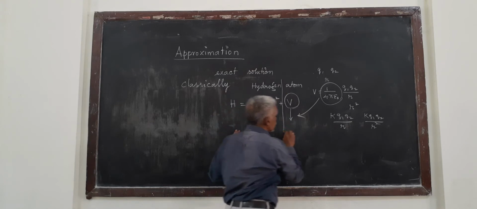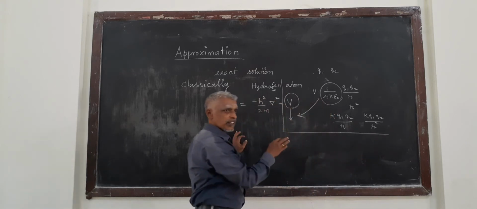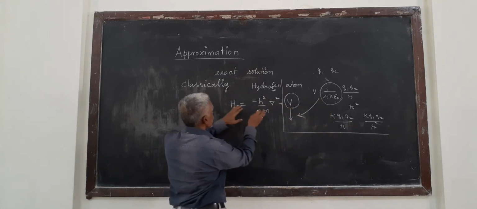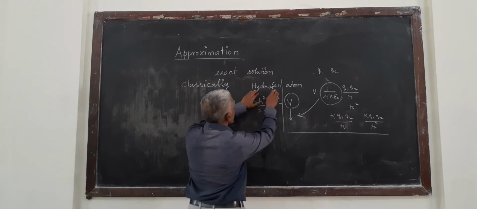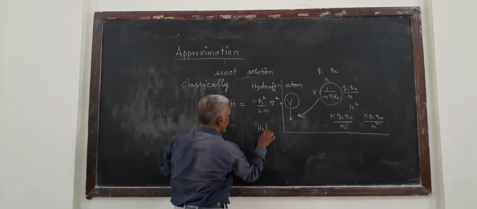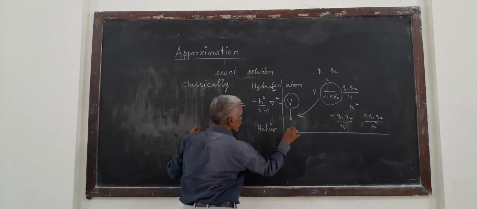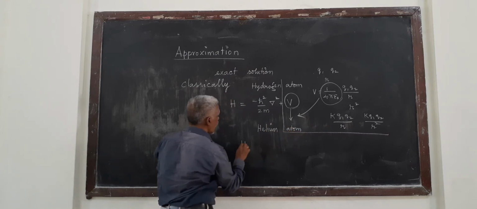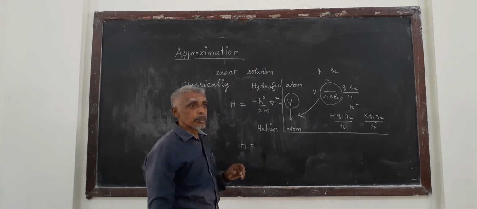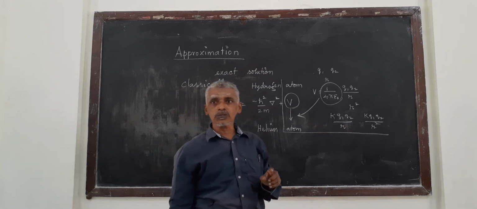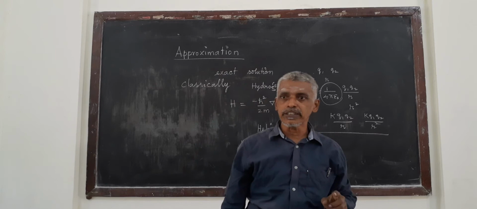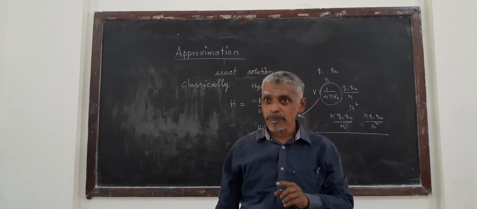These are all the things which you might be knowing well, right? This is the problem for the hydrogen atom. If the problem is for the helium atom, then you have to write the same Hamiltonian. The problem is we should be strong in writing the Hamiltonians for the systems.